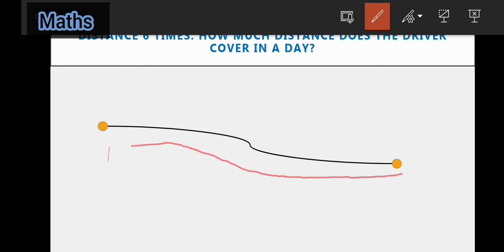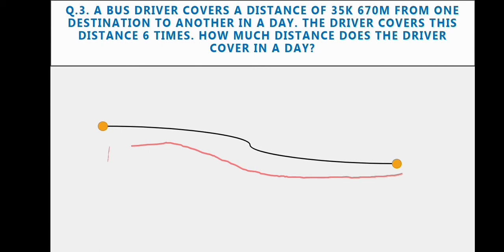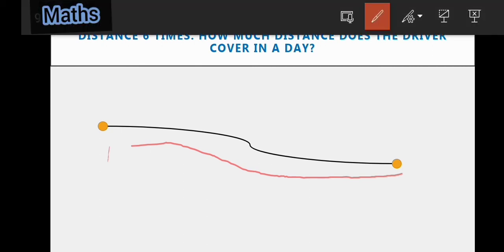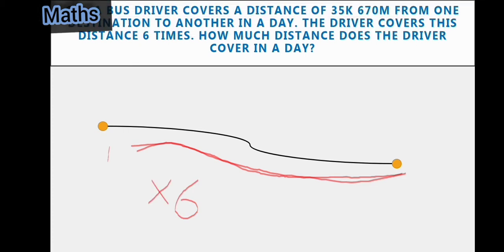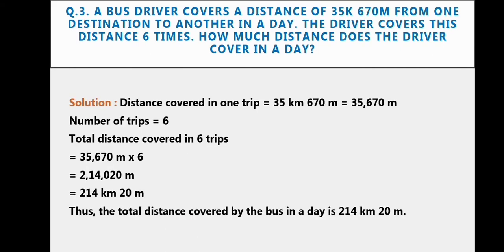And this is 35 km 670 meter. And he is covering this distance 6 times. That means into 6. 35 km 670 meter into 6. So we will get the distance covered by the driver in a day.